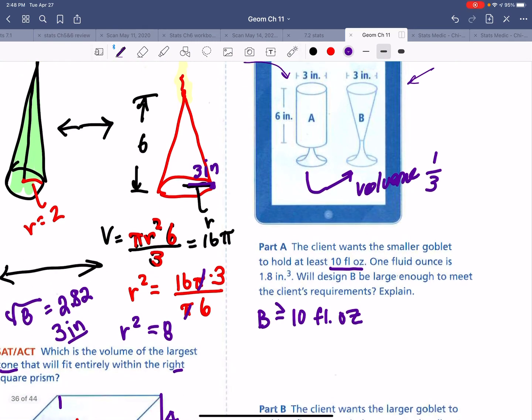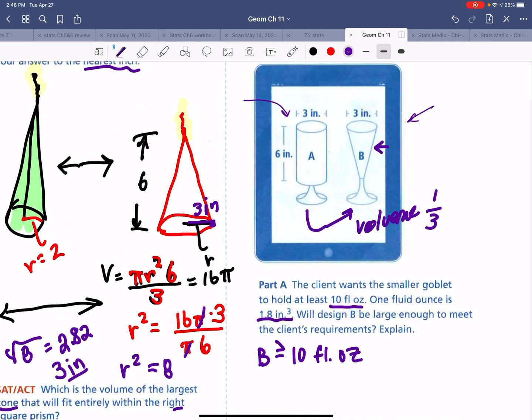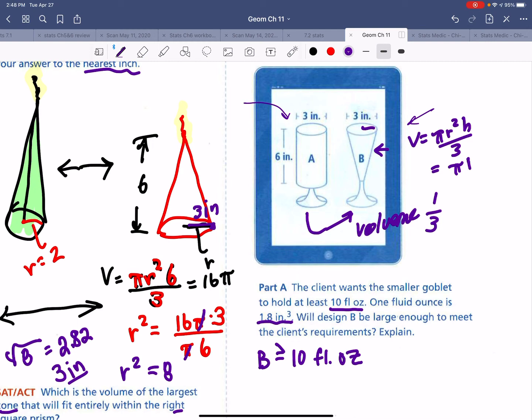1 fluid ounce is 1.8 inches cubed. Will design B be too large? Okay, so we need to find this volume, right? Volume is the area of our base times the height divided by 3. If it's 3 all the way across, then half the way would be 1.5.